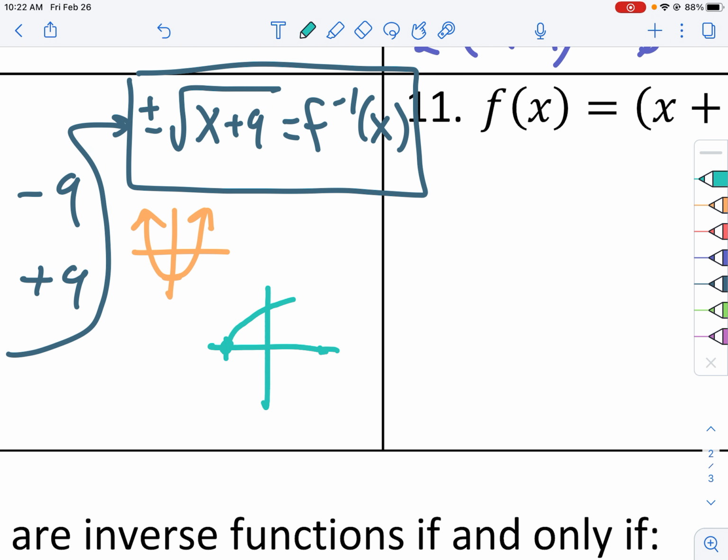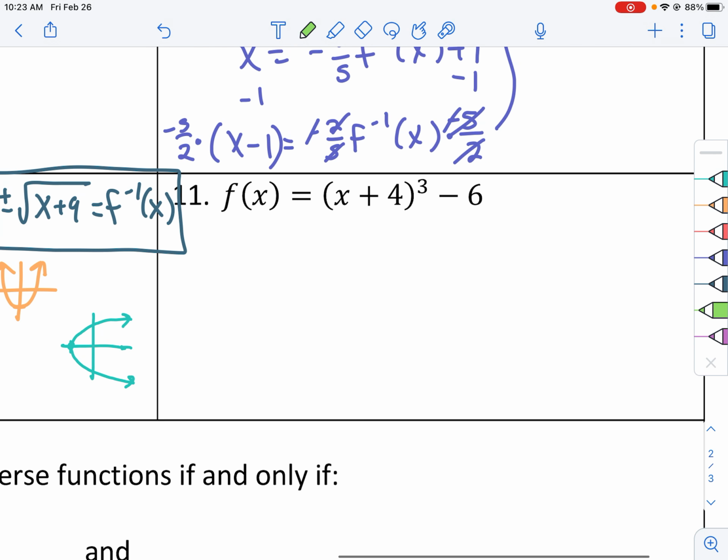And then this function goes up like this, because that would be positive square root of x plus 9. The negative square root of x plus 9 looks like this, right? So it's just the negative version. So what happened here? Well, if you look, we just rotated the graph 90 degrees, right?